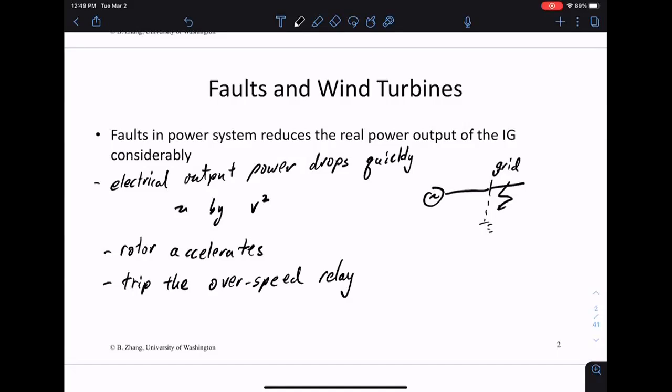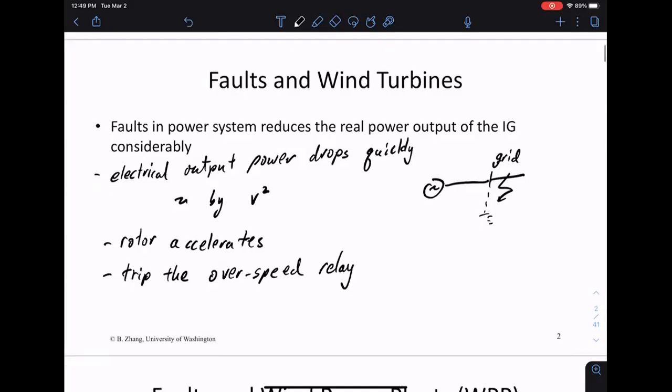Kelsey says the starting torque. We covered this also. The starting current is large for induction machines, so it takes a lot of current to get it started. Once it reaches steady state, it's a smaller current.